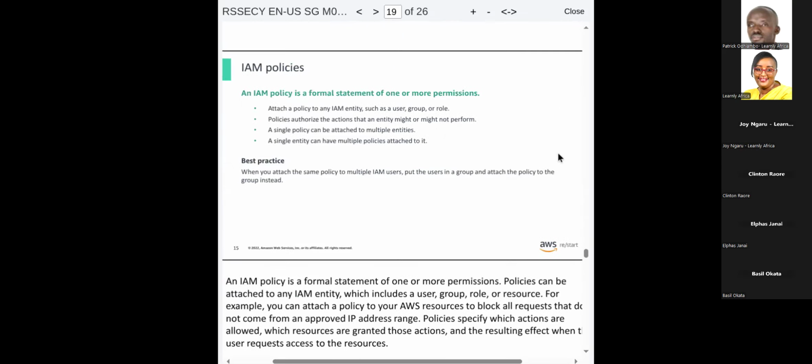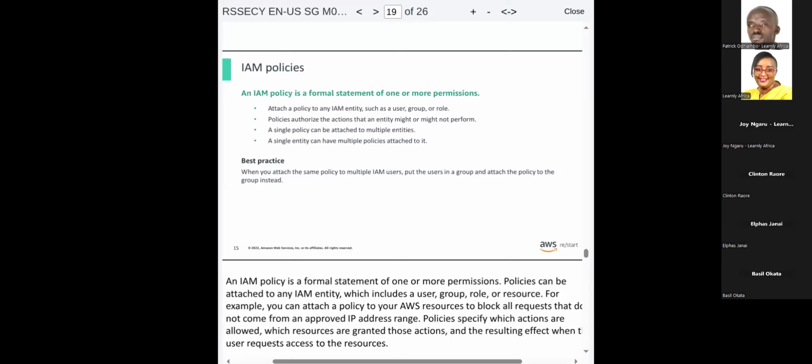Let's go to IAM policies. IAM policies are written in JSON format. I'm repeating because you might also find it in the exam, all the way to DevOps, by the way. If you do the DOP, you might find it there. They can be version controlled for audit tracking and change tracking.